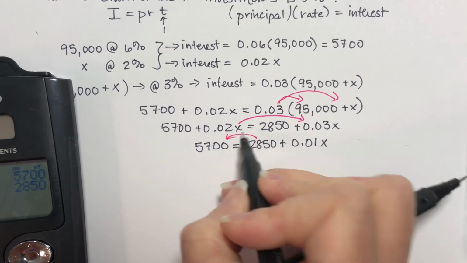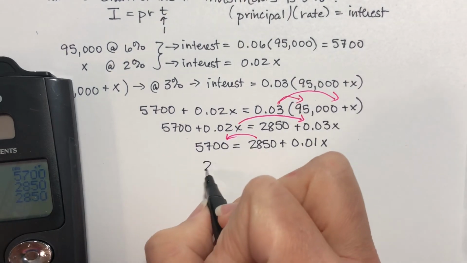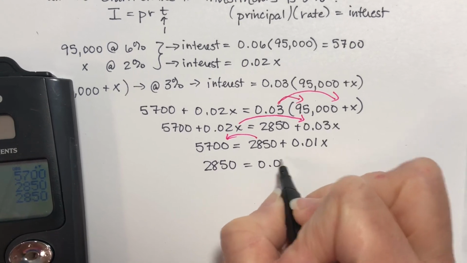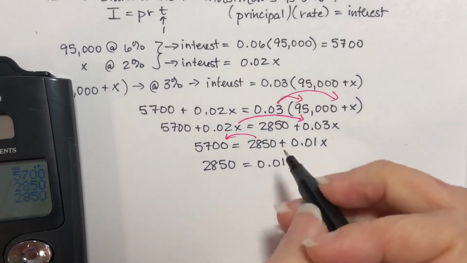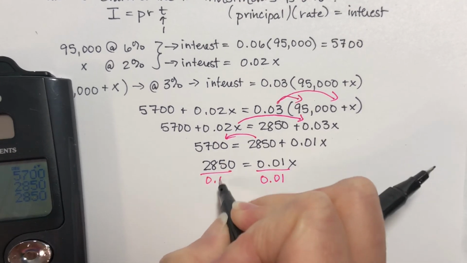Now I need to move this over here, so I have 5,700 minus 2850 to get another 2850. Okay, now I need to divide both sides by 0.01.